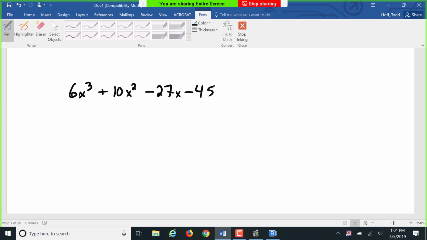No, there's not. The variable does not appear in every term, so that's not a common factor. We have 6, 10, 27, and 45. There is no number that divides into all four of those. So we're going to group it.